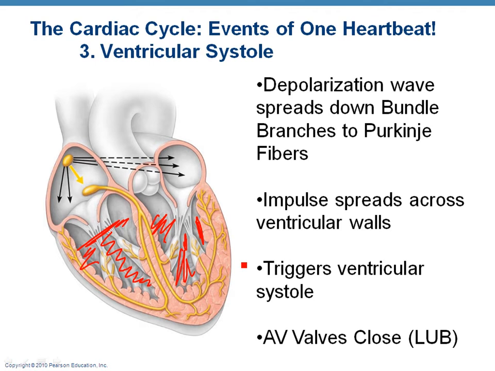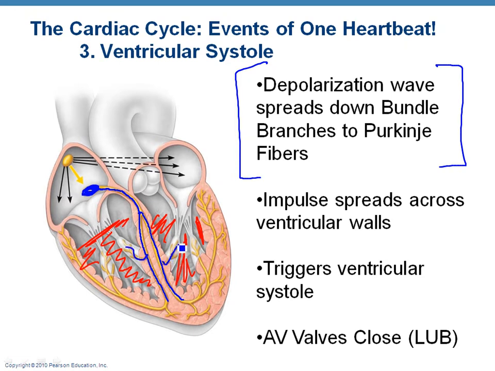So, what's going to happen? First of all, the depolarization wave that bottlenecked over here at your AV node, it's now going to spread into that bundle of His, down the bundle branches in your interventricular septum, that wall between the ventricles.